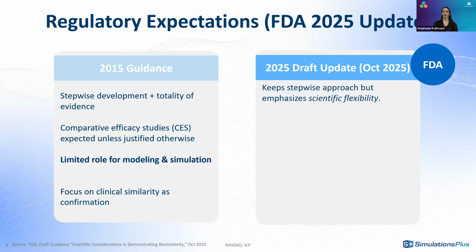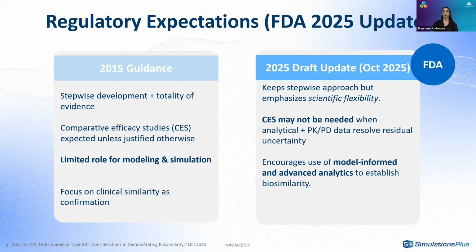The 2025 draft update keeps the stepwise approach, but introduces greater scientific flexibility. Now, comparative efficacy studies may not be needed when strong analytical and PKPD data already resolve residual uncertainty.